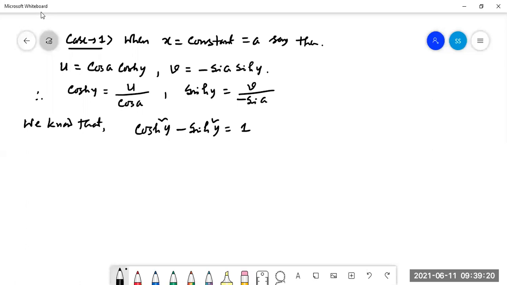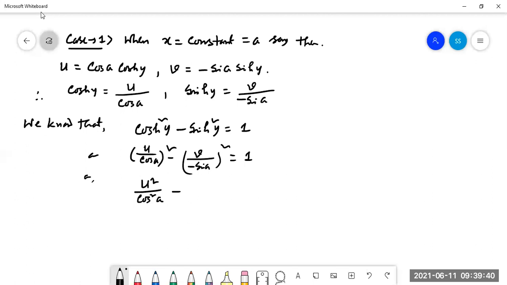Now put the value of this. So that means (u by cos a) whole square minus (v by minus sin a) whole square is equal to 1. That means u square by cos square a minus v square by sin square a is equal to 1.